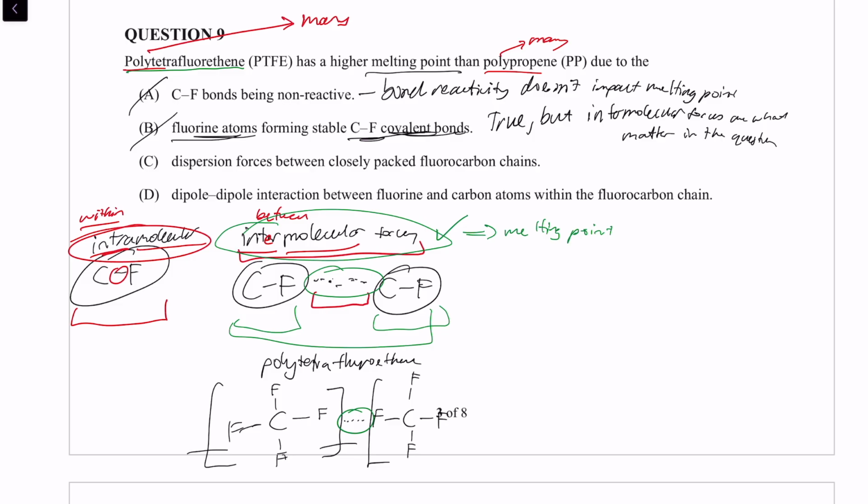So basically what I'm trying to say is that we look more into the intermolecular forces because we're talking about big compounds, and differences in intramolecular forces aren't really going to change much or have an effect on melting point, the temperature at which the compound or substance will fully melt, right?